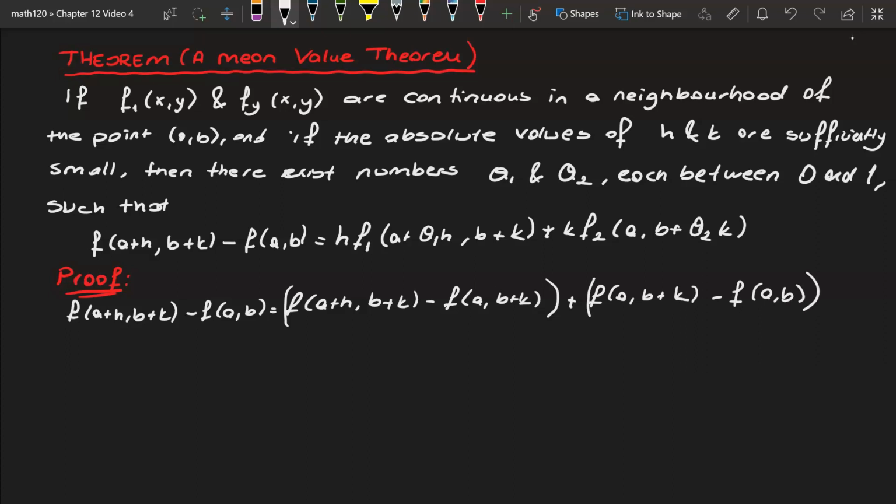I haven't changed anything. I subtracted f of (a, b plus k) and added it again. So it's exactly the same expression.